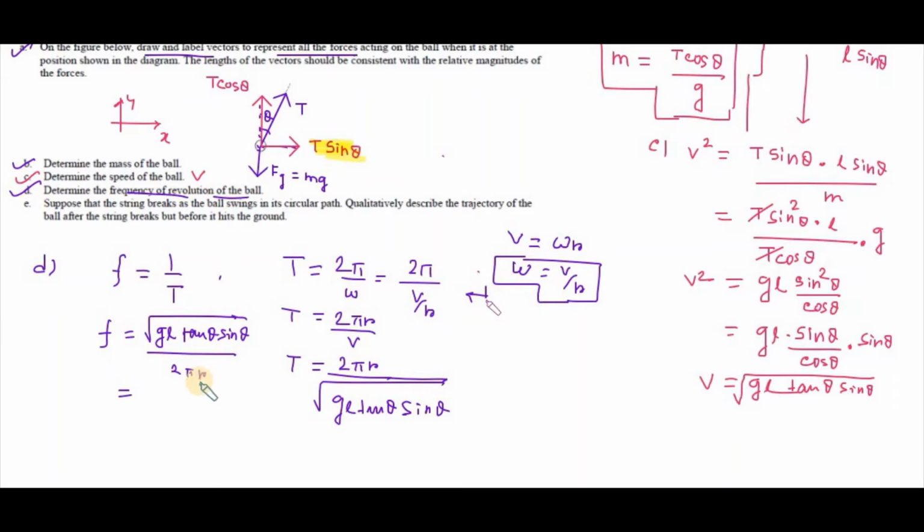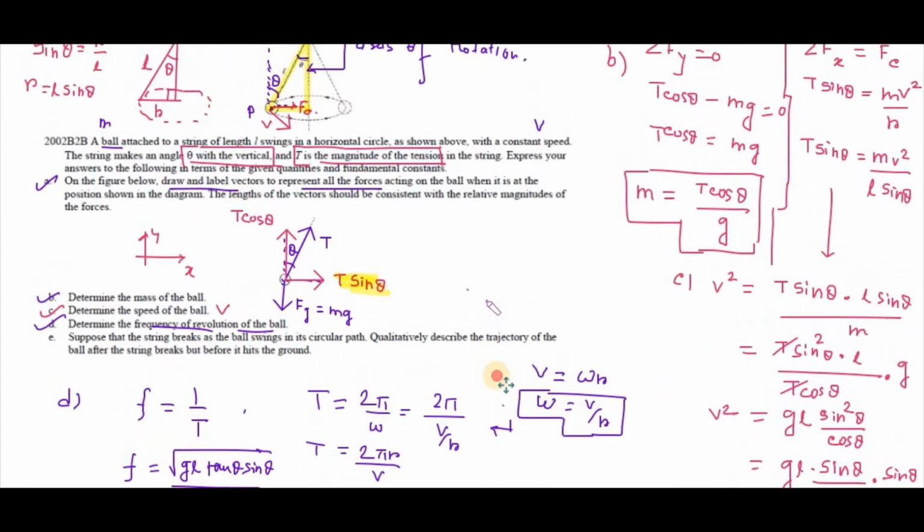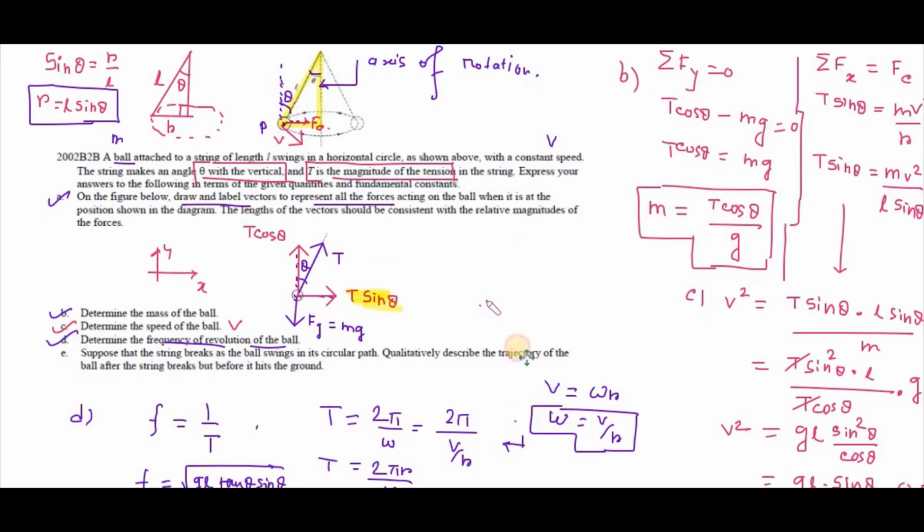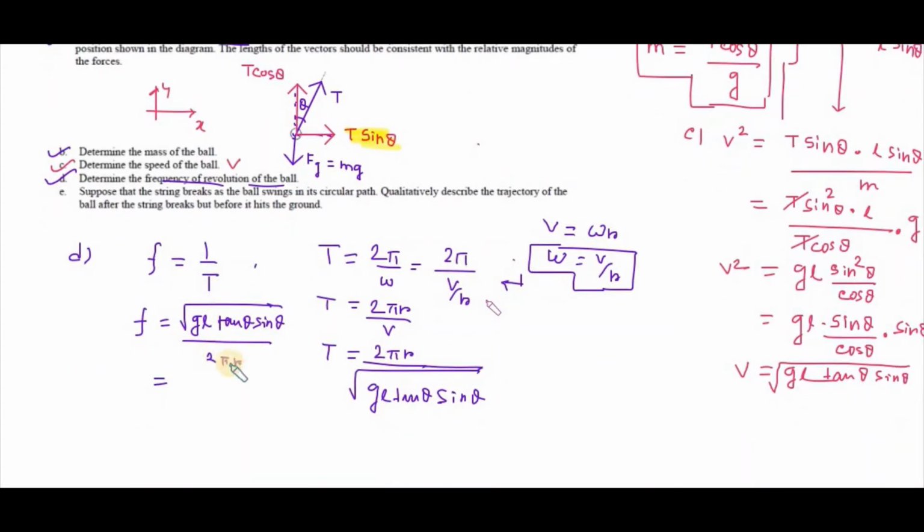This r we cannot keep in the expression, so previously we determined the value of r in terms of L sine theta, so we can substitute r equal to L sine theta.